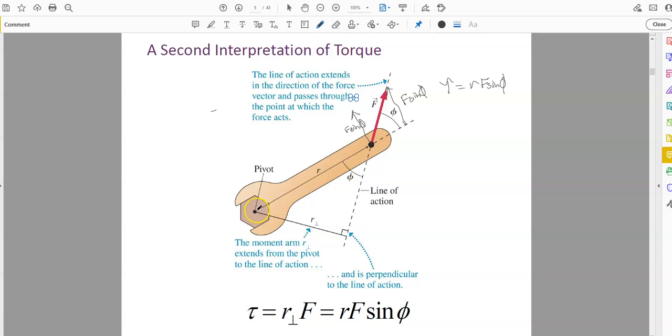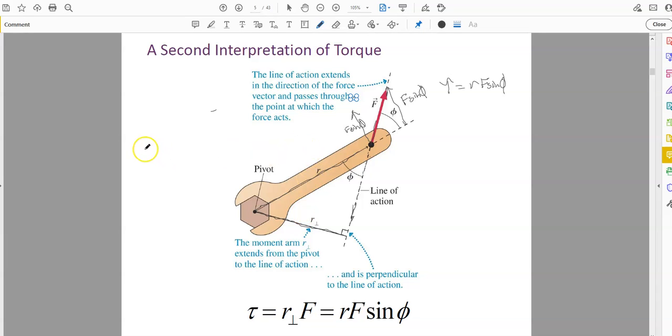Now imagine drawing a line through the center, in line with that force, and making a 90-degree angle right here, calling this another distance. Now we've turned our r into a hypotenuse, and the force is parallel to this line, but this distance right here is perpendicular to that line.